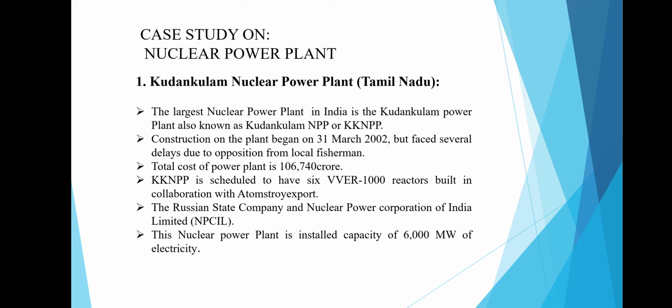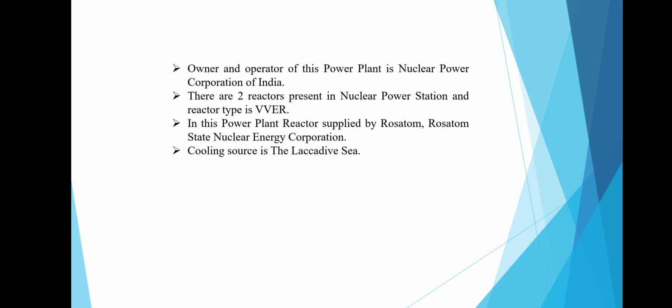Kudankulam nuclear power plant is scheduled to have 6 VVER-1000 reactors built in collaboration with Atomstroyexport, the Russian state company, and Nuclear Power Corporation of India Limited. This nuclear power plant has an installed capacity of 6000 megawatt of electricity. Owner and operator of this power plant is Nuclear Power Corporation of India.